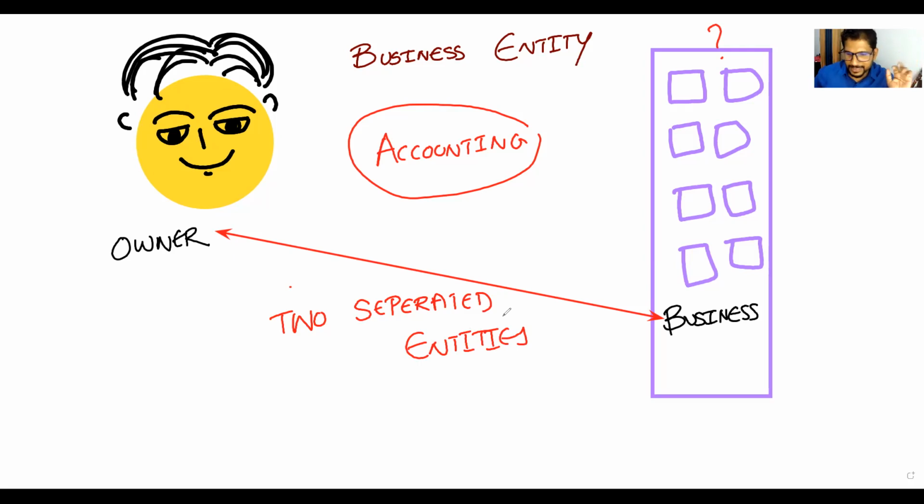In other words, for the purpose of accounting, the business is recognized as an artificial person. Of course, there is no person like that, but we assume the business has a separate existence from its owner.